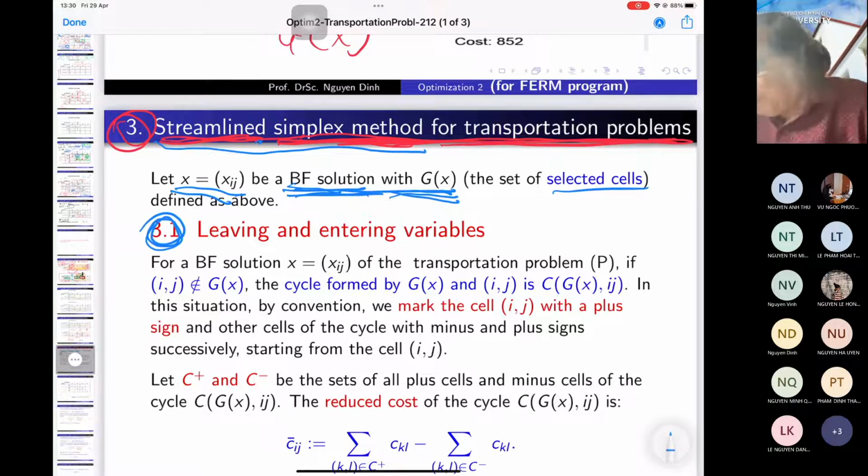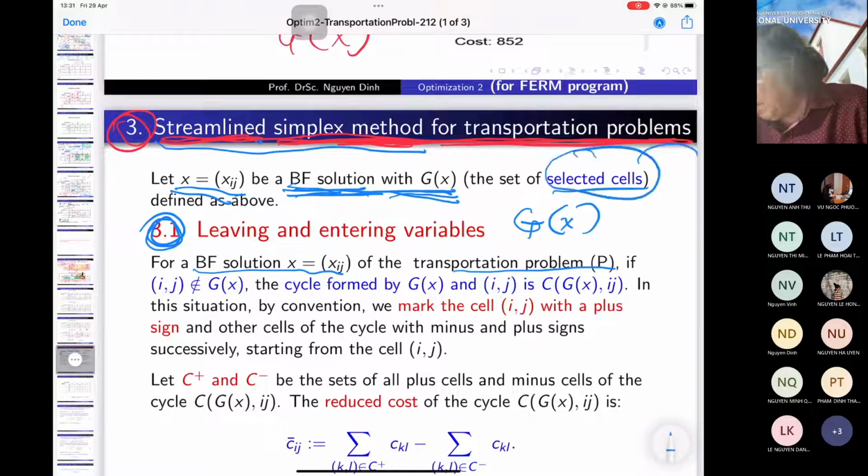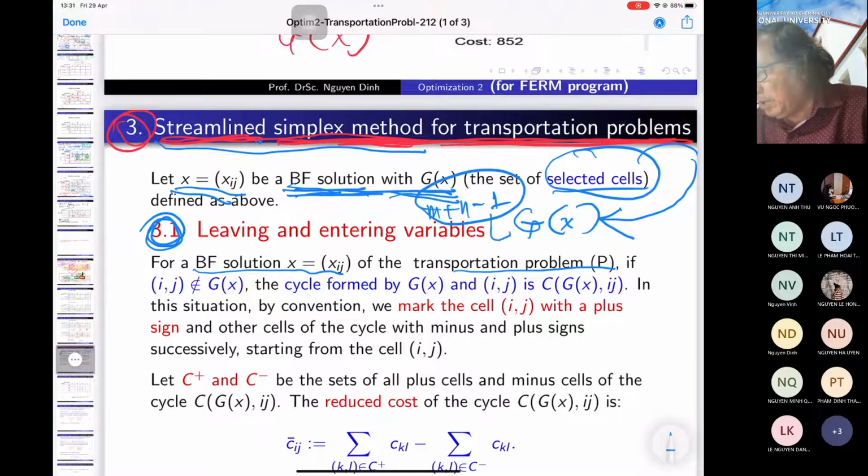A BF solution means what? A BF solution is a feasible solution that is a basic solution for the transportation problem P. It means that if you call Gx the set of selected cells, then it has m plus n minus 1 cells and no cycle.